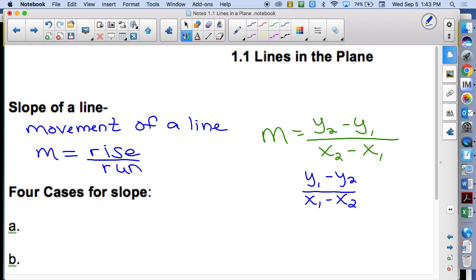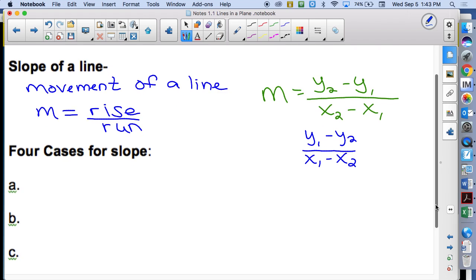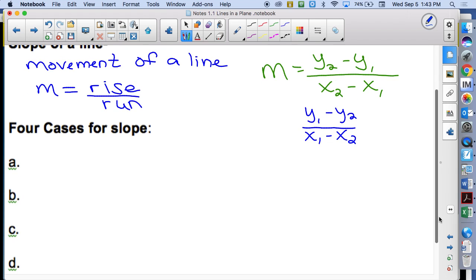Okay, so that was question number 2. Question number 1 asked for the 4 cases of slope, or the 4 situations that exist for slope, the 4 different lines that really exist. So if lines are moving, it's the movement of a line. Can anybody give me an example of a line? Virginia? A horizontal line.